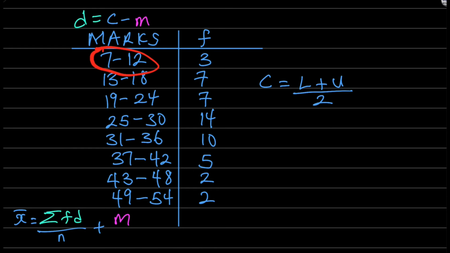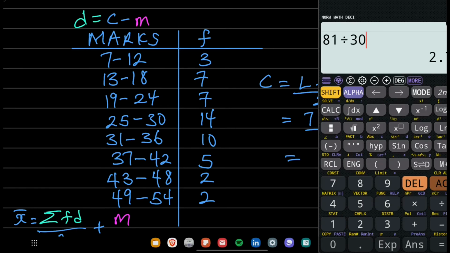Referring to that first class, 7 would be the lower class limit, while 12 would be the upper class limit. So our first c here would be 7 plus 12 divided by 2. If you don't know that, you can always employ your calculator. That will be 7 plus 12 divided by 2, and that is 9.5.